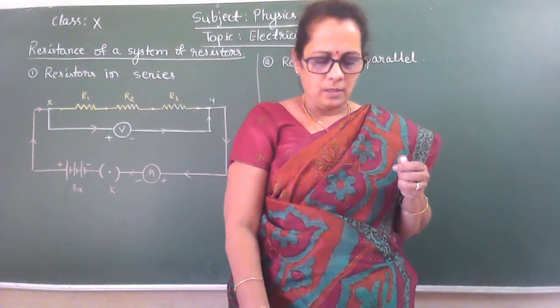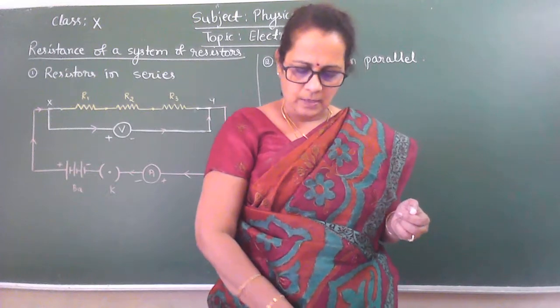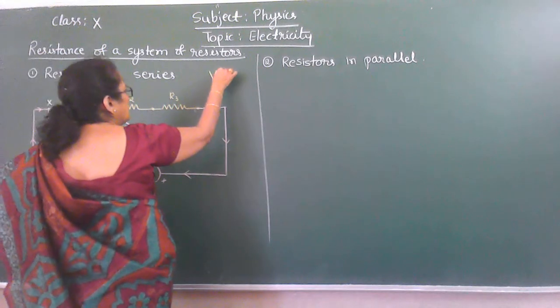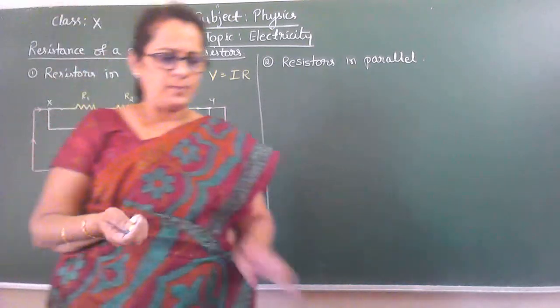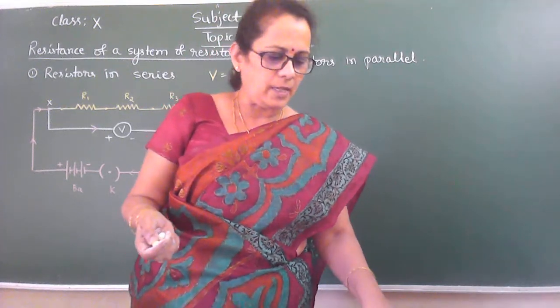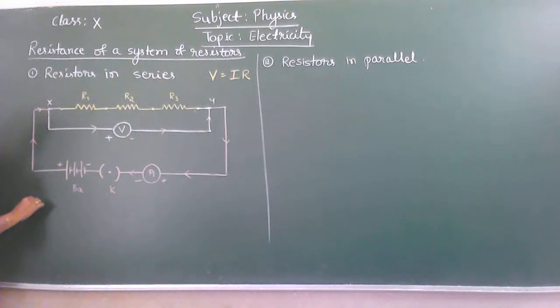Now, the formula for the series connection is with the help of Ohm's law, which states V is equal to I into R. Ohm's law formula: V is equal to I into R. So here V1 equals I1 R1, V2 equals I2 R2, V3 is equal to I3 R3.